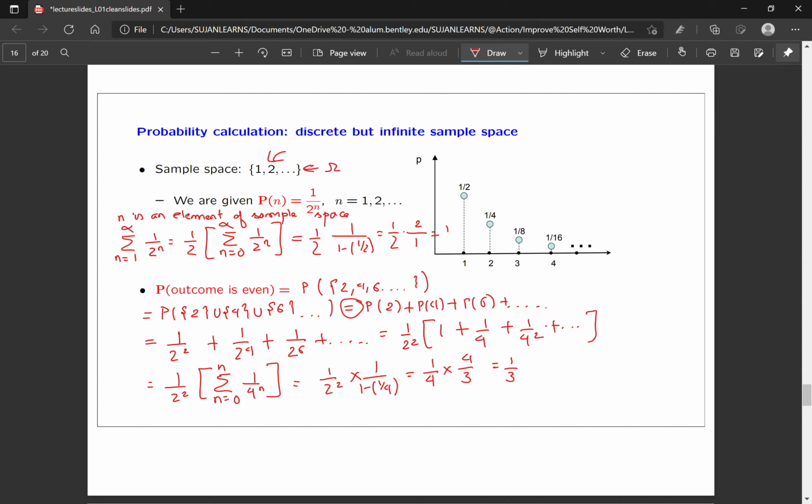Therefore, we cannot conveniently use the additive property here. It's not really allowed. On one hand, we really want to use it here, but on the other hand, we cannot. Therefore, we need to introduce one additional axiom that would allow this kind of calculation.